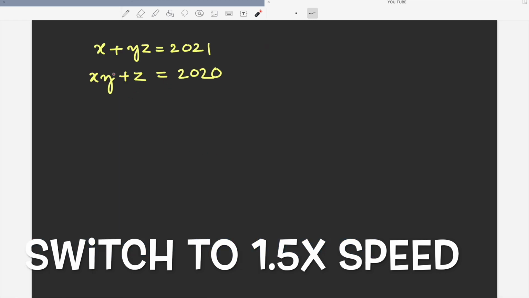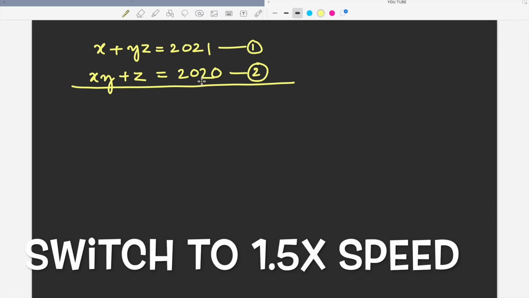So I have written here x plus yz equals 2021, let us say equation 1, and xy plus z equals 2020, equation 2. Now what I'll do, I subtract both the equations.